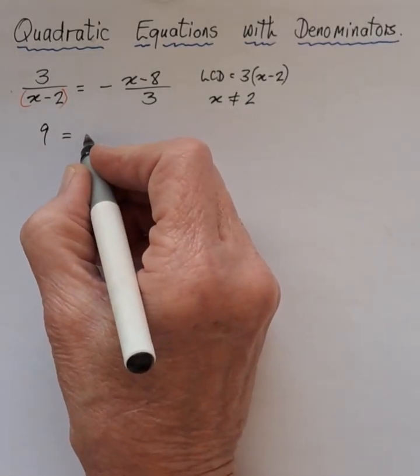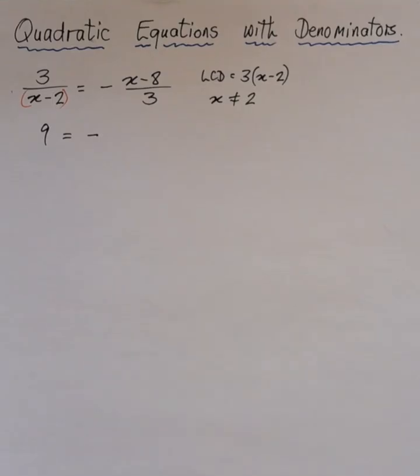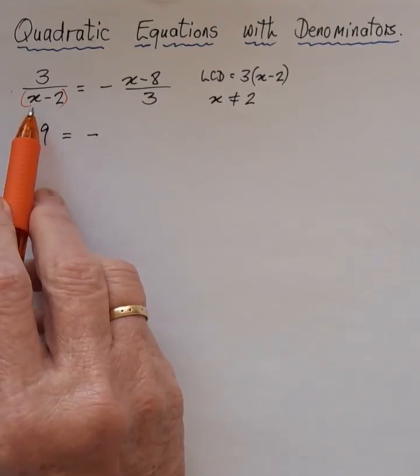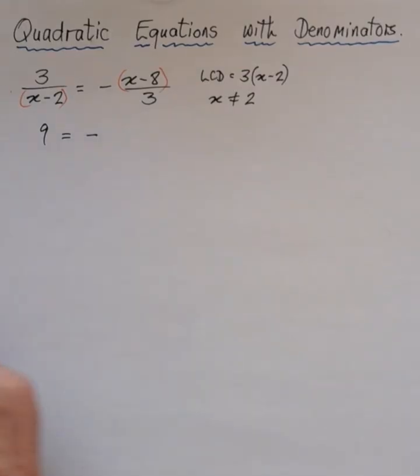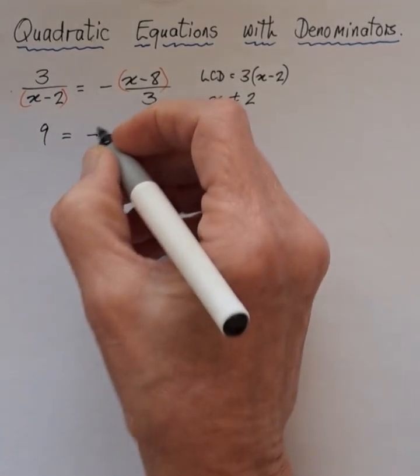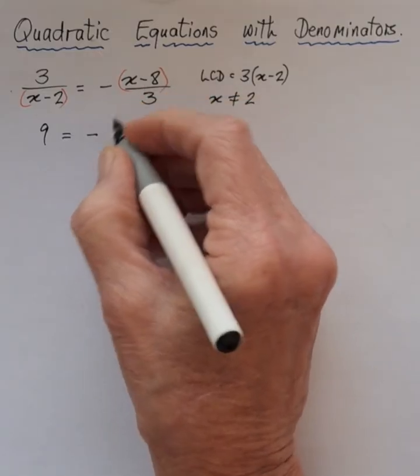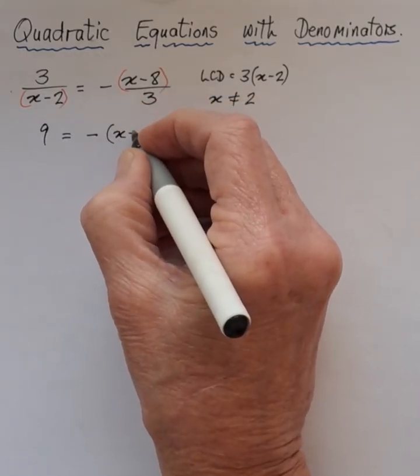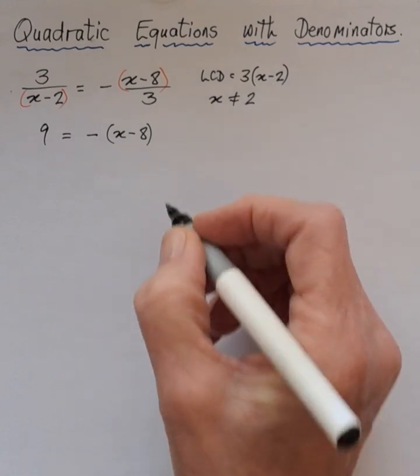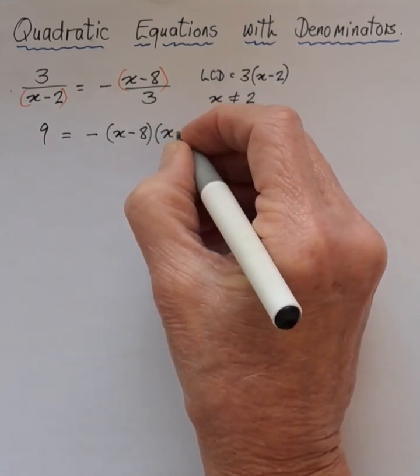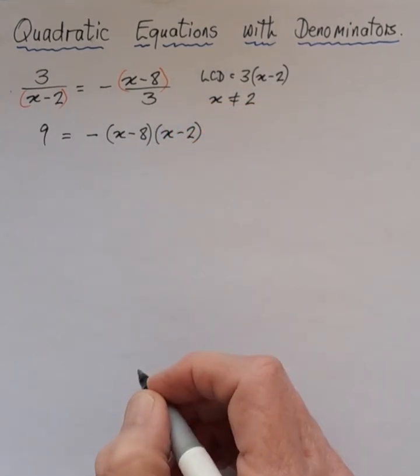So I'm going to put minus, and just the same way as x minus 2 could be regarded as being in a bracket, so could x minus 8, because it's all on top of the fraction line. So I've got negative my numerator times what didn't cancel in the LCD, which was x minus 2.